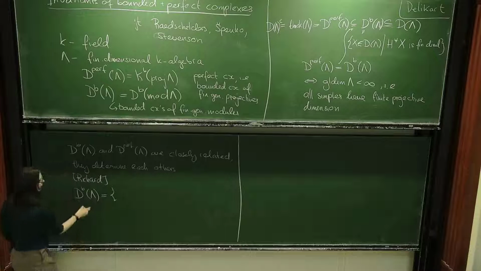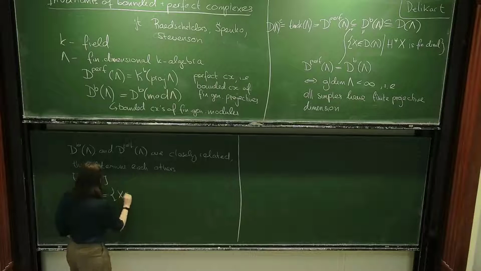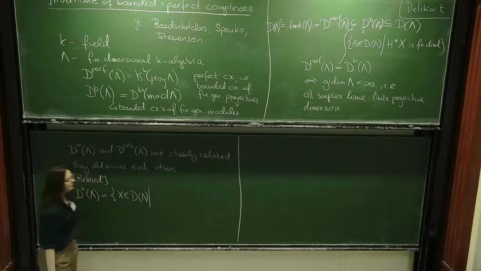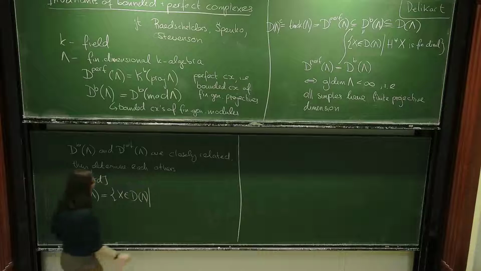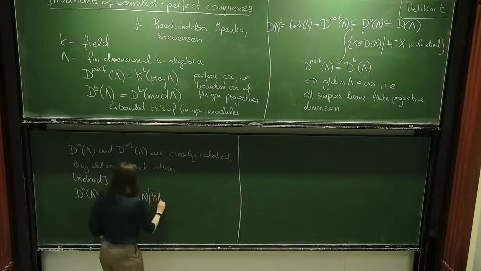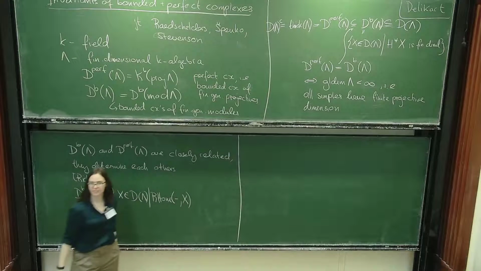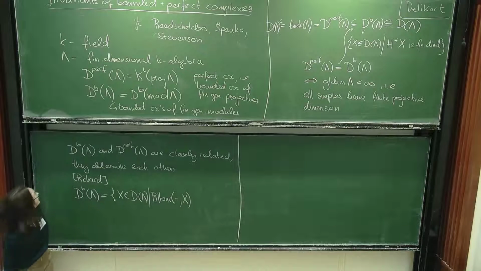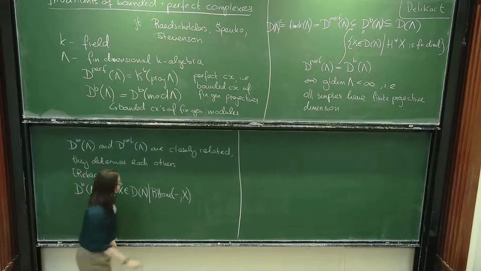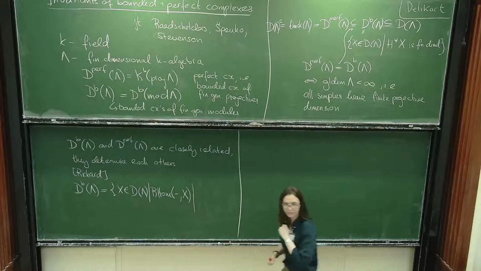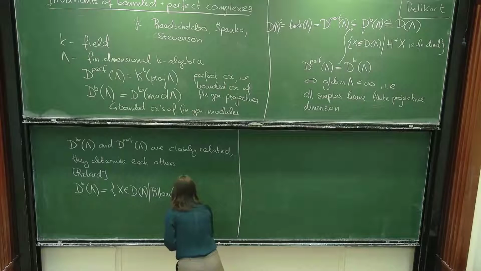Namely, D^b lambda is just the full subcategory of all the objects in the whole derived category such that we take our Hom into such an object, and we restrict that thing to the category of perfect complexes that we know, right? So we want to start.